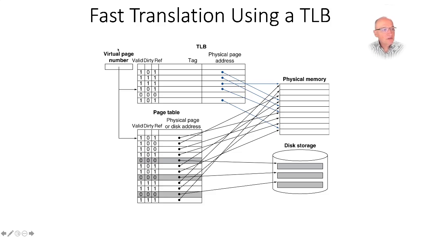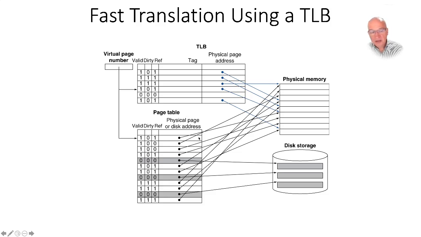So here is a picture illustrating the translation using a translation look-aside buffer. So I get the virtual page number, and I access my TLB with the virtual page number, and that TLB will give me the physical address. The physical address allows me to go to the physical memory. In some cases, when there is a miss in the TLB, I then go into the page table, I find the translation in the page table, and I access the memory, and I copy that translation in the TLB.